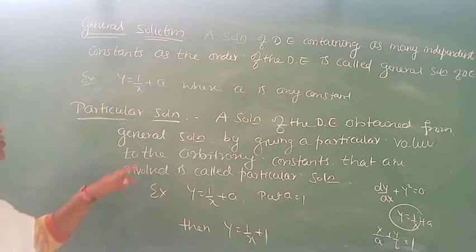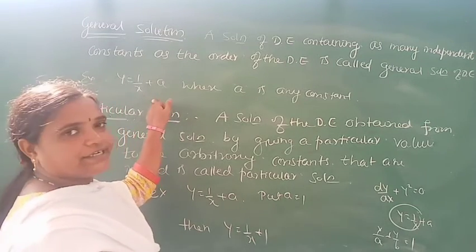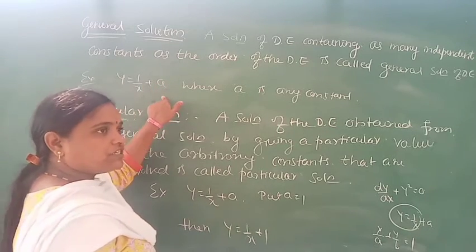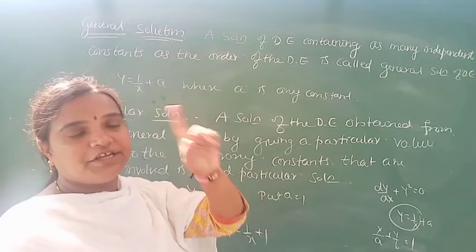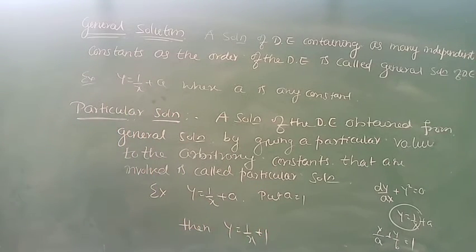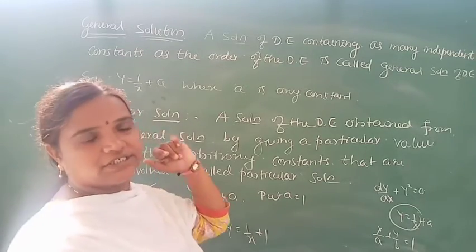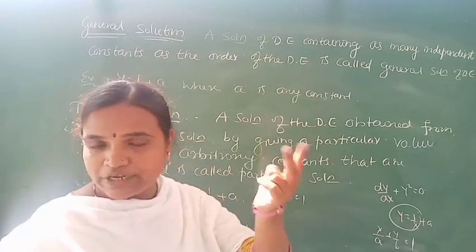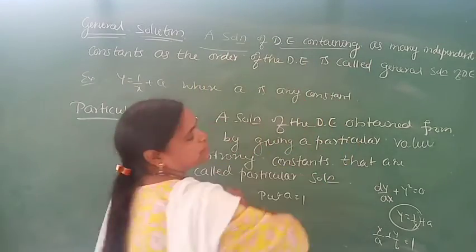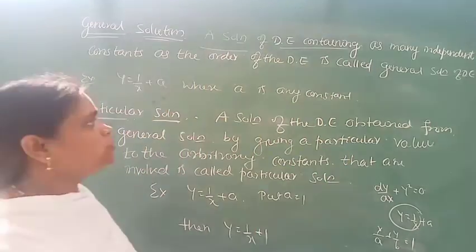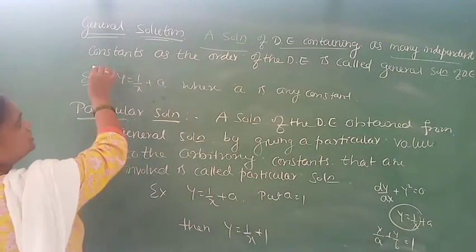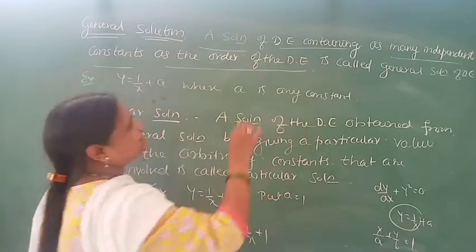If you want to convert this general solution into a differential equation, if it contains only one constant, do only one time differentiation, so that we get dy by dx. Suppose it contains two constants, how many times? 2 times differentiation. That's why it is mentioned: the solution of a differential equation has as many independent constants as the order of the differential equation.